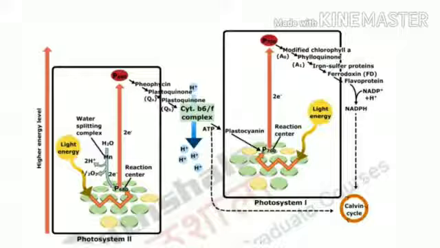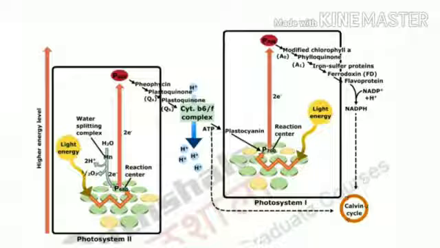Then the electron is excited into a higher energy level and transferred to primary electron acceptors like plastoquinone. Then the electron passes through transport proteins like cytochrome. In this region, ATP is synthesized. The electron from the cytochrome is passed to plastocyanin, then transferred to PS1 or pigment system 1.